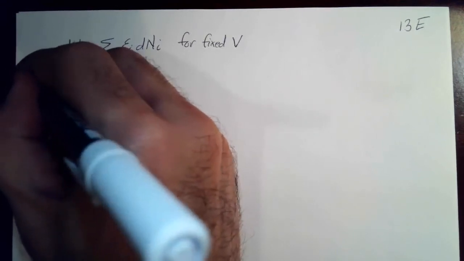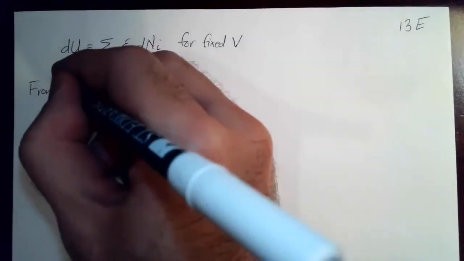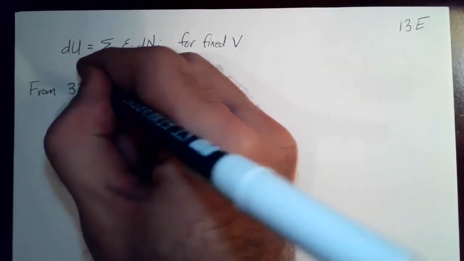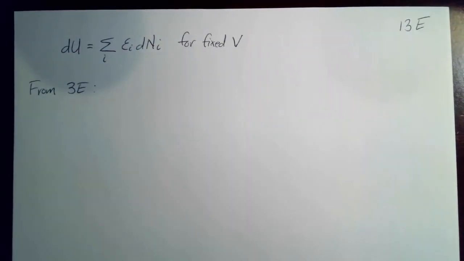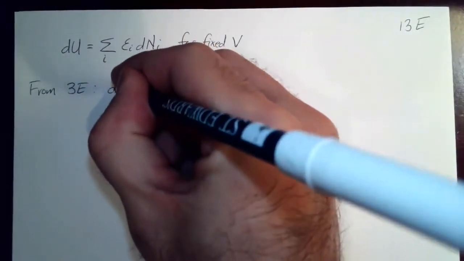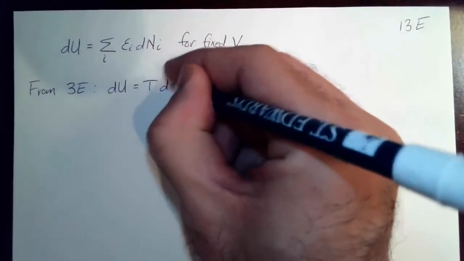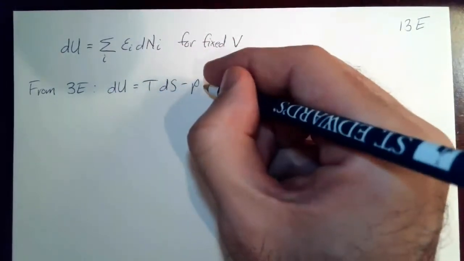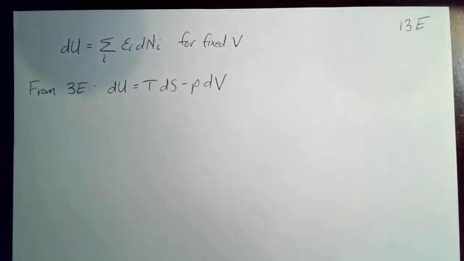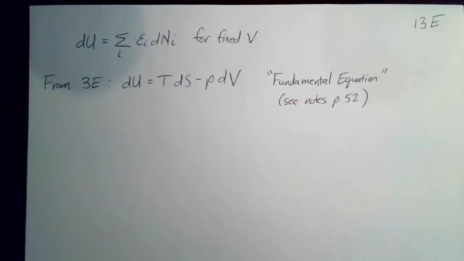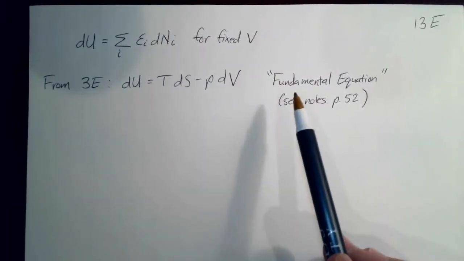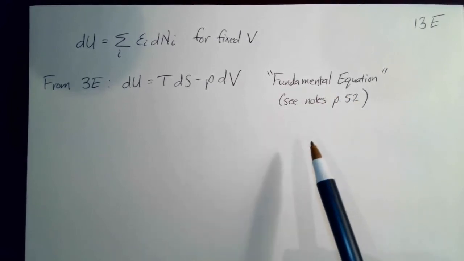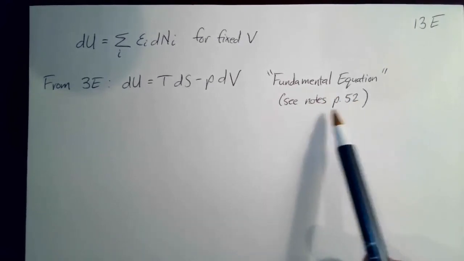And going all the way back to section 3E, we had this formula. dU is equal to T dS minus P dV. So we called this equation the fundamental equation of thermodynamics, and you can find it on page 52 in the notes.